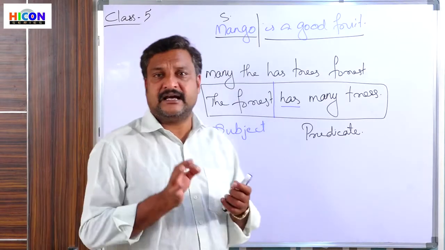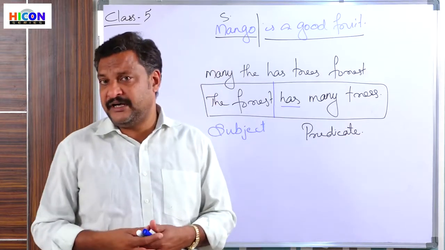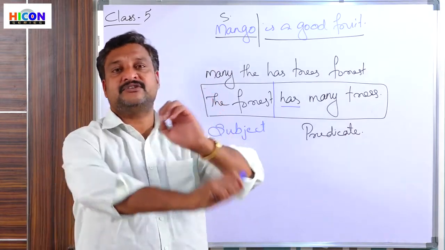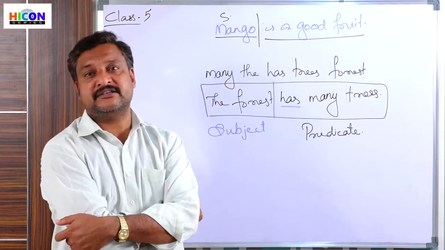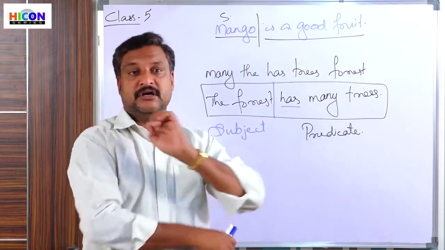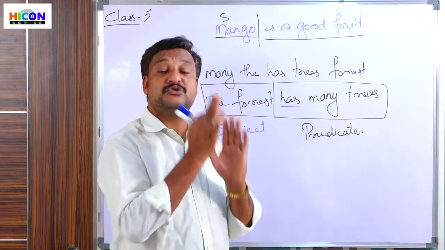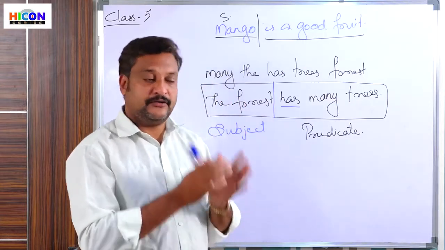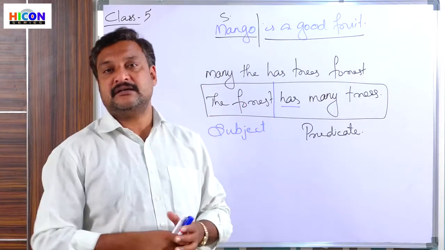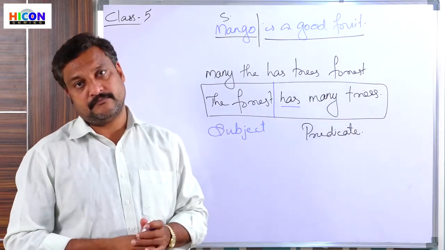Every sentence has a subject and a predicate, and the easiest way to identify them is to locate the verb. Up to the verb is usually the subject, and from the verb the remaining part is the predicate part.